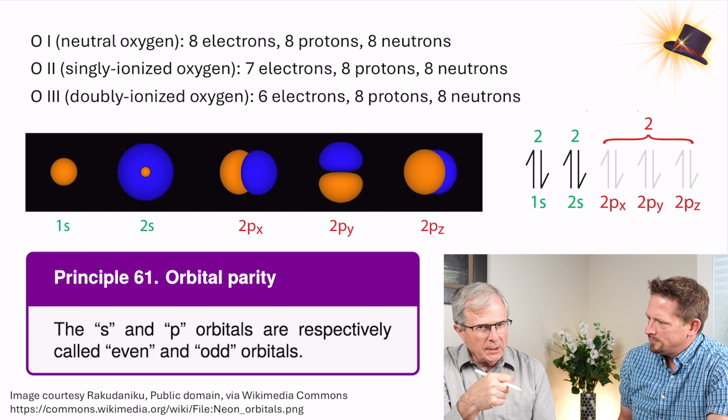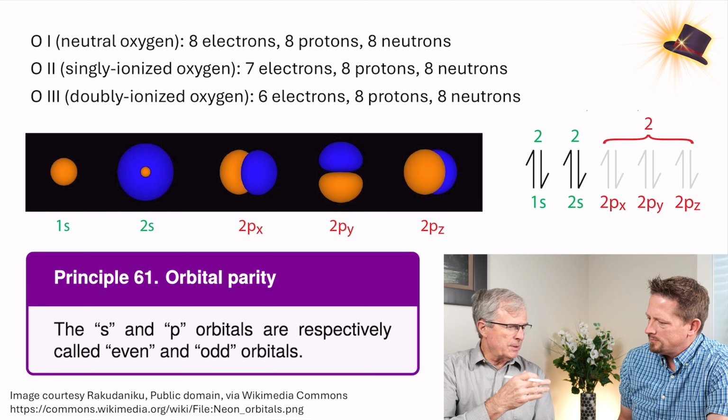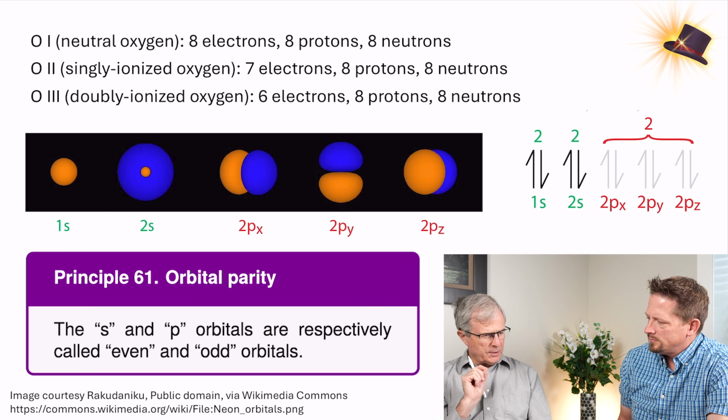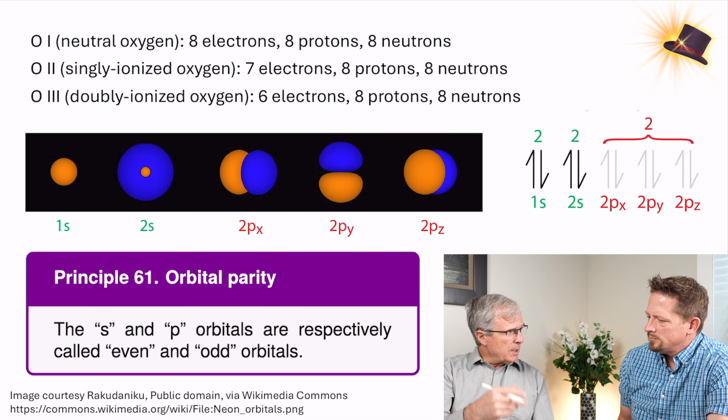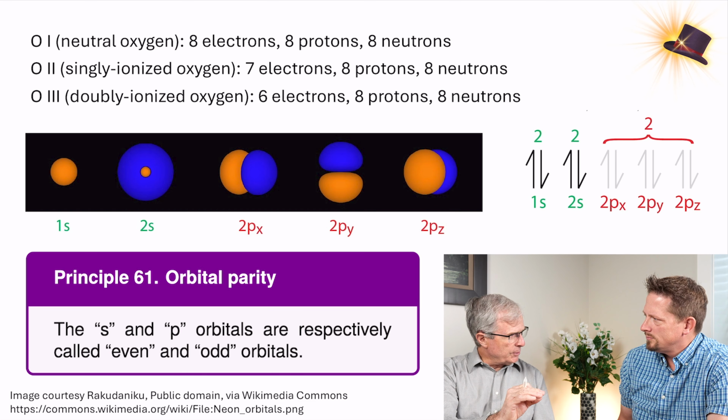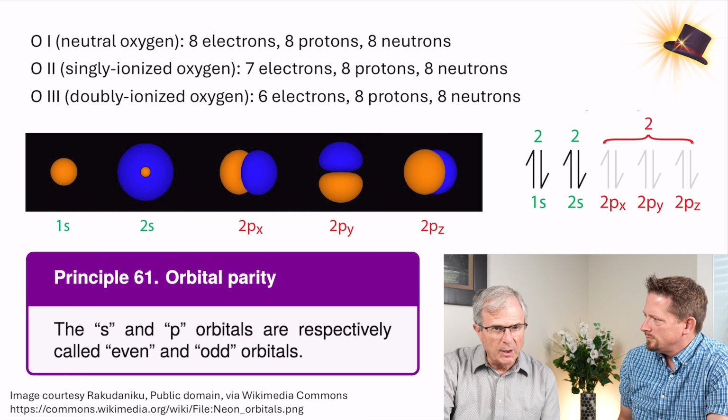Singly ionized oxygen, an oxygen atom from which you've kicked off 1 electron, has, instead of 8 electrons, 7 electrons. But the 8 protons and 8 neutrons are still hanging out in the nucleus. They're totally fine, not affected by this.